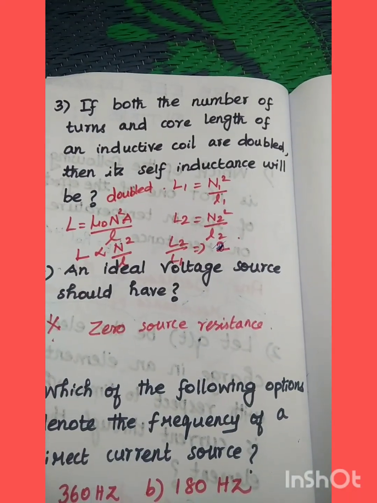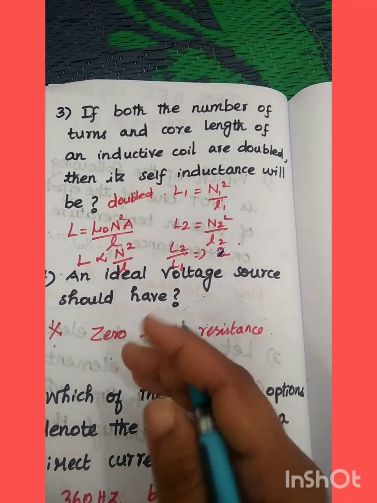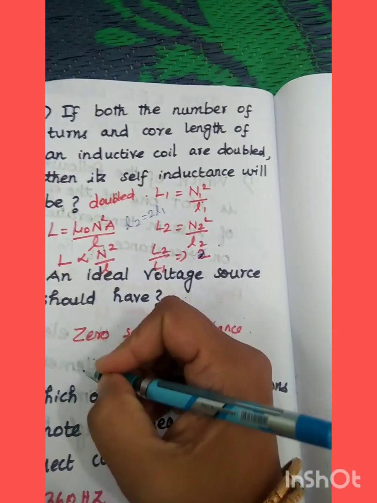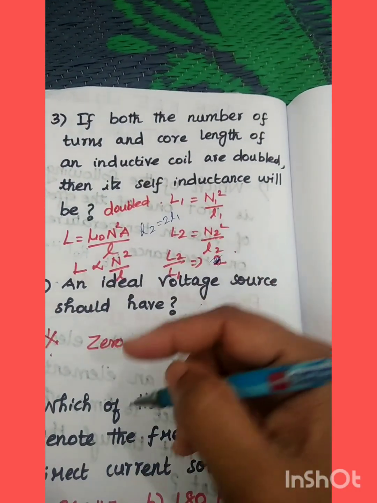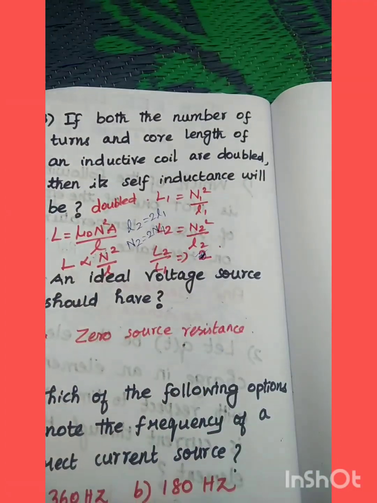But here they have given that the length of the coil is doubled, so let us take l2 = 2 l1. Also the number of turns, N2 = 2 N1.